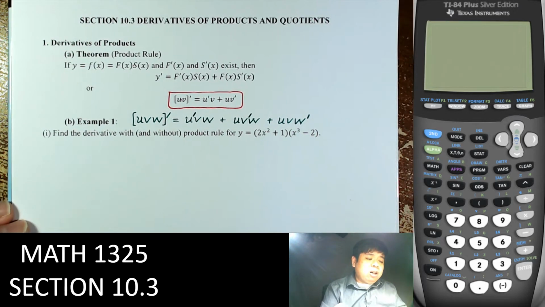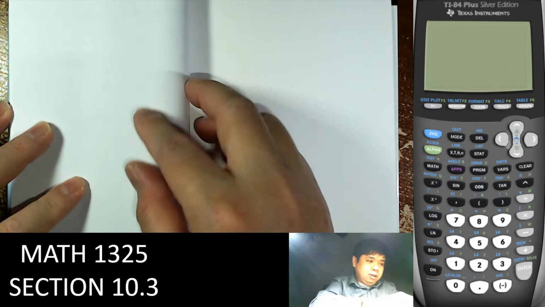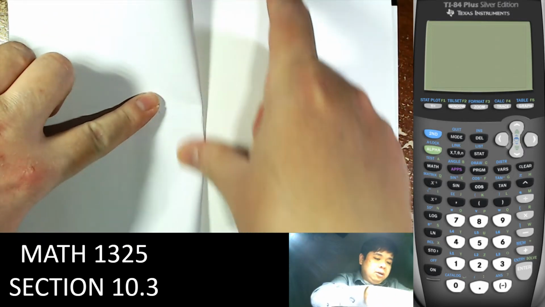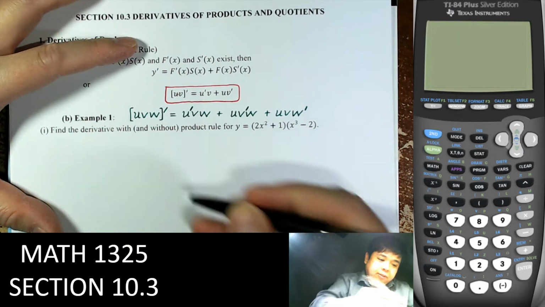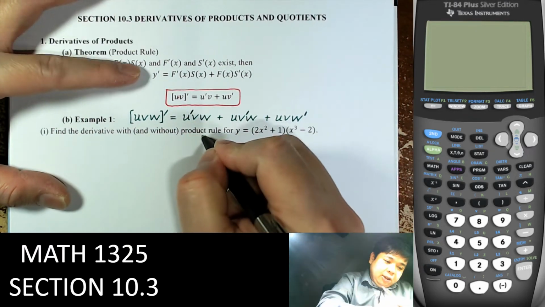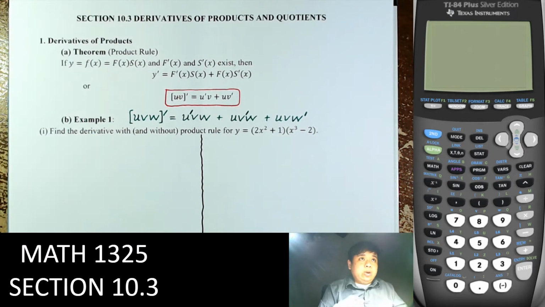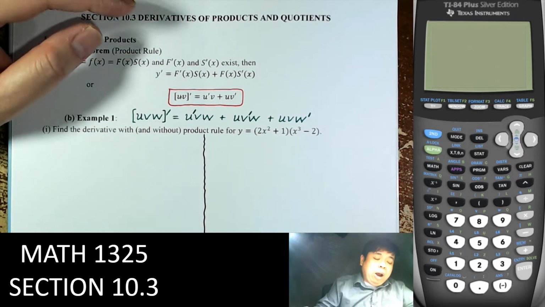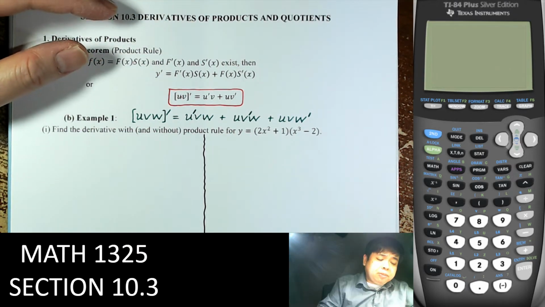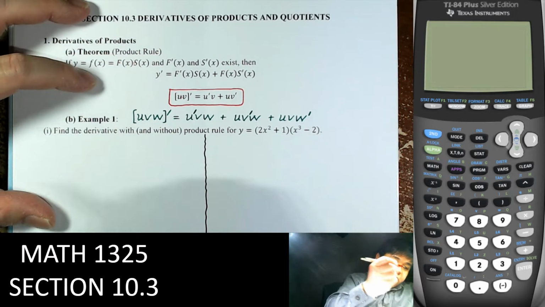Right, and let's look at a couple of samples. Here we will find the derivative of this with and without the product rule. So first, let's do that without the product rule.